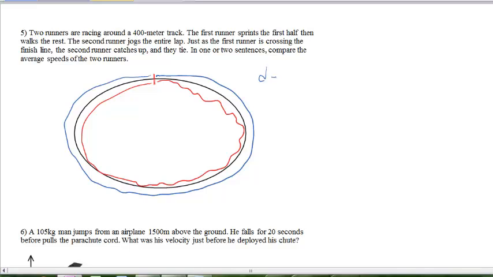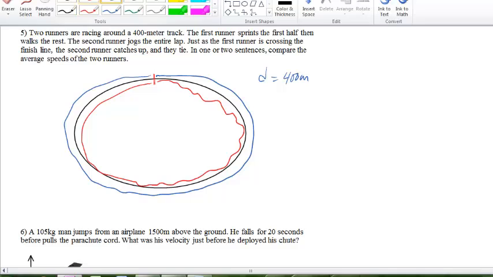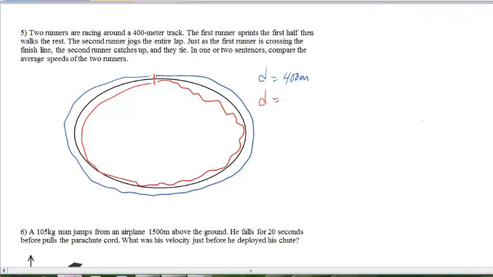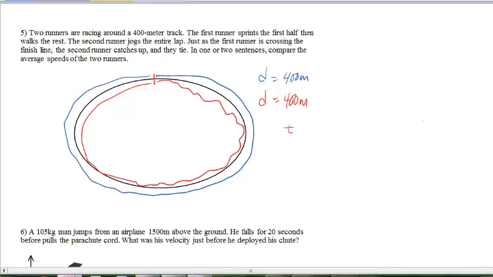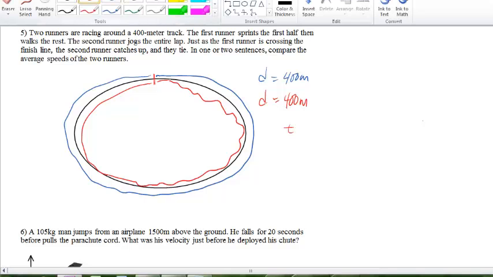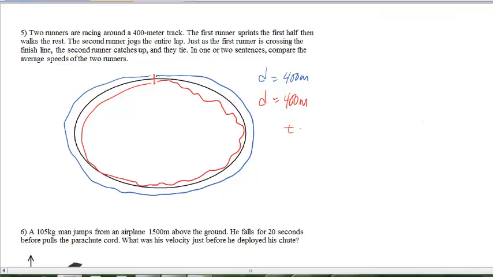So distance for the blue guy was 400 meters, and of course the distance for the red guy was 400 meters. And since they tie, well that must mean that time for the red guy is equal to the time for the blue guy.